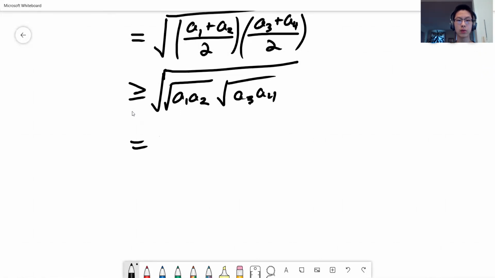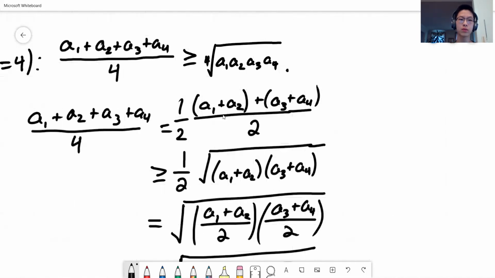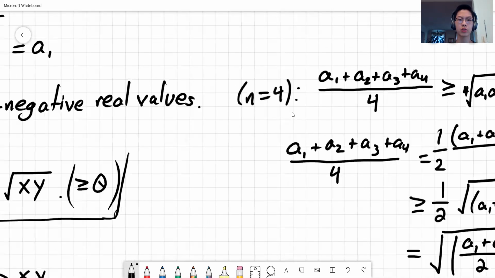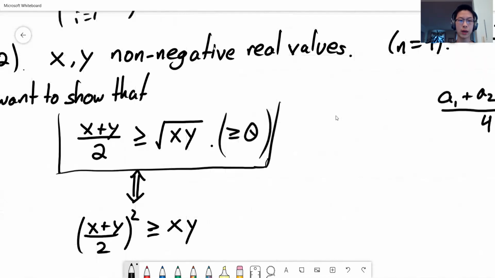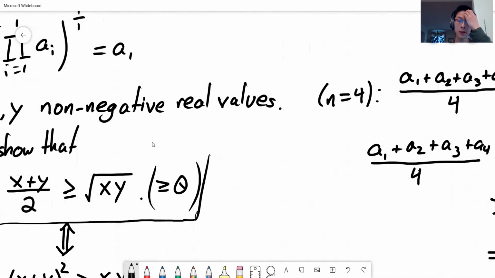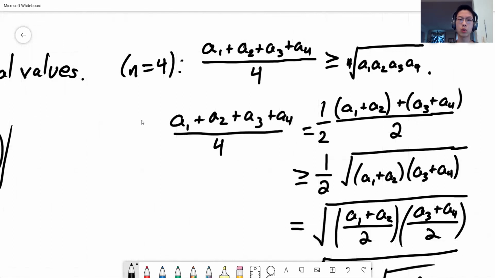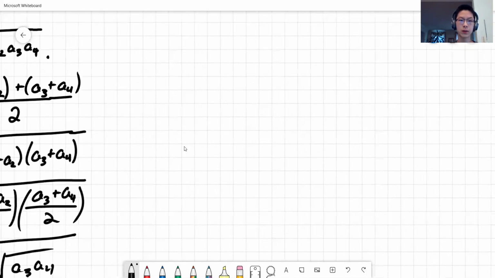And then this is exactly what we want. So that's the n equals 4 case, right? And so you'll notice that I proved it using two applications of this n equals 2 inequality, right? And so when n is very general, this argument will work for proving very specific inductive steps.